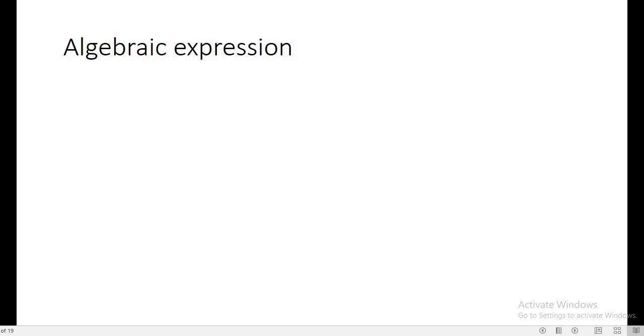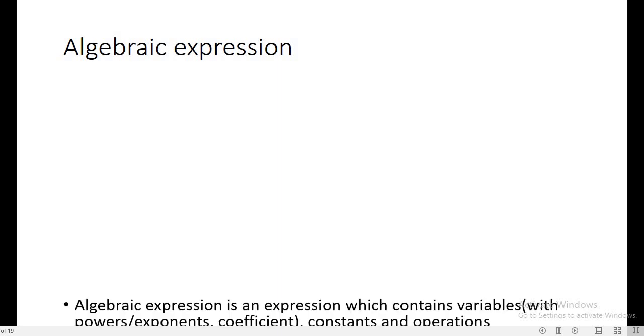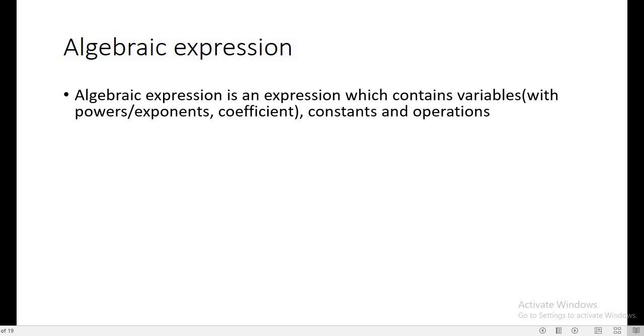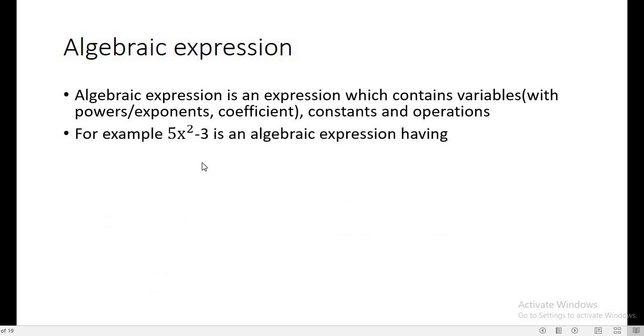So let us first discuss algebraic expression. An algebraic expression is an expression which contains variables with powers, exponents, coefficients, constants and operations. For example, 5x square minus 3.